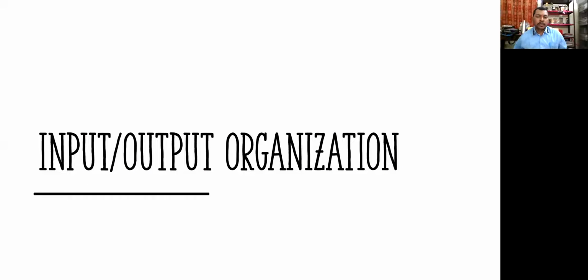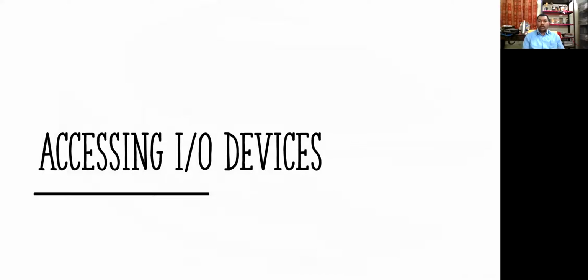Which includes the input and output devices which are being connected to the microprocessor, right? So now the first one is how we are going to access the input output devices, right? So we have studied this. We are just going to access how the input output devices are connected to the 8085 via the signals, right?